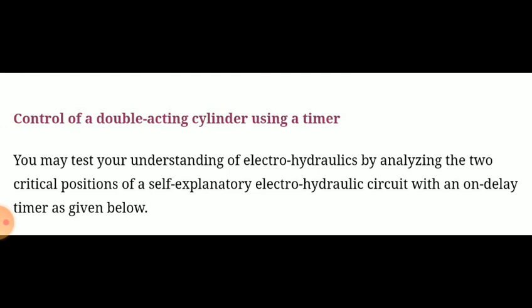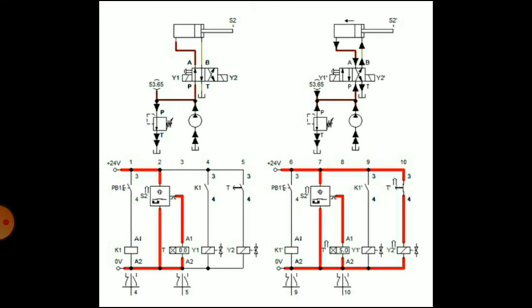So, control of a double acting cylinder using a timer. You can directly see the operation. So the timer is placed. In the first diagram you can see when the cylinder has reached the proximity sensor S2, some delay in the reverse stroke is required.